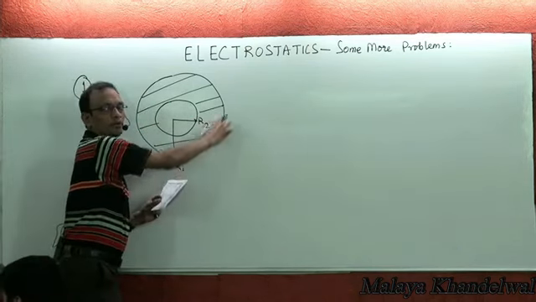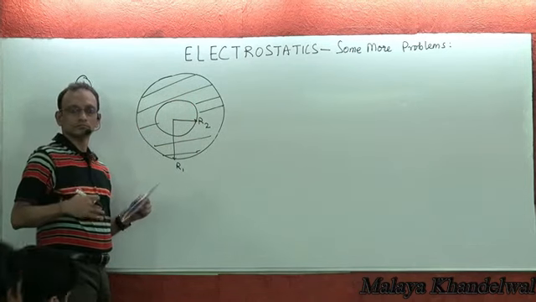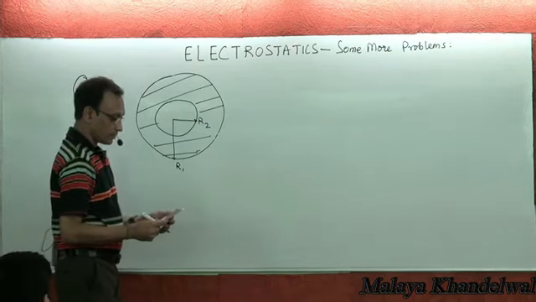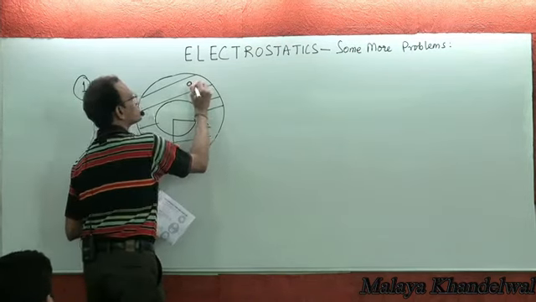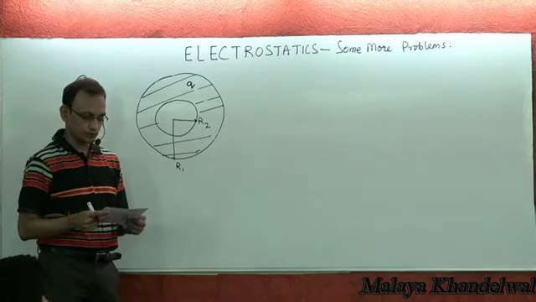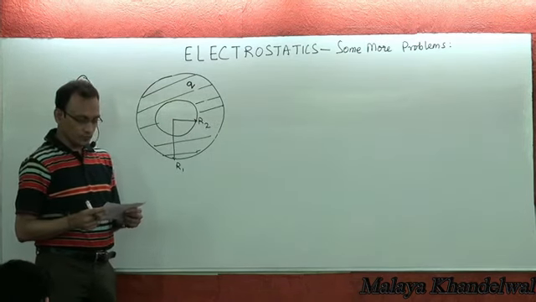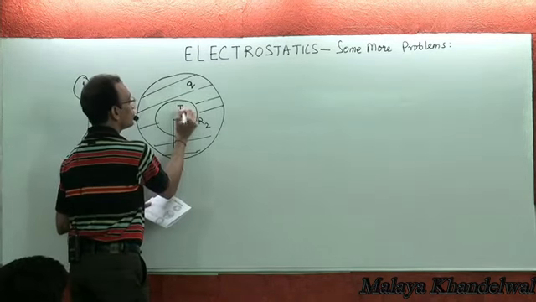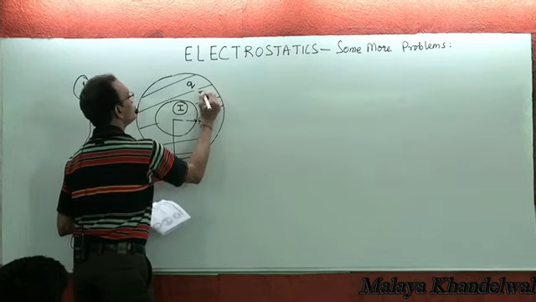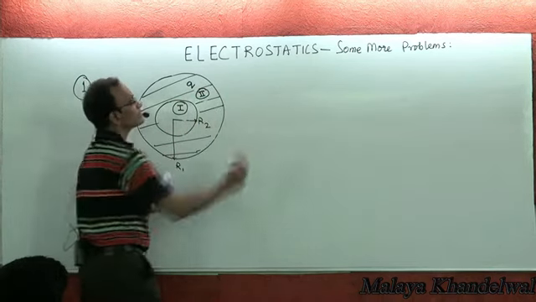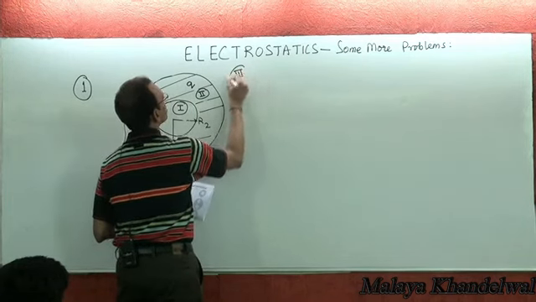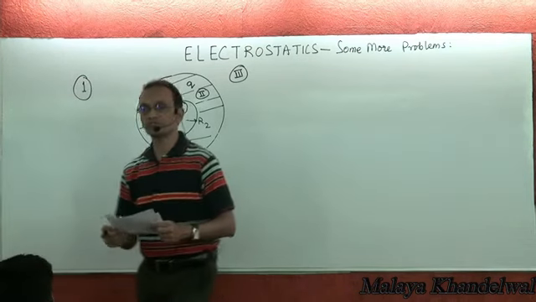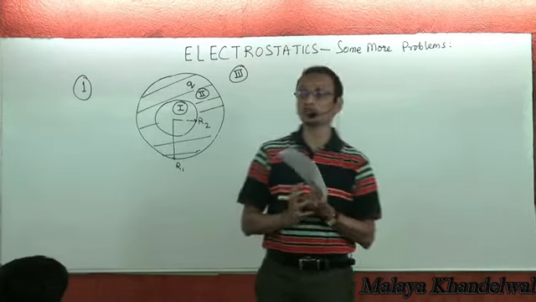This region is uniformly charged, and the total amount of charge in this region is Q. Then there are three regions. Region 1, which is this cavity. Region 2, where all the charge resides. And region 3, outside the sphere. We want to be able to find the electric field in regions 1, 2, and 3.